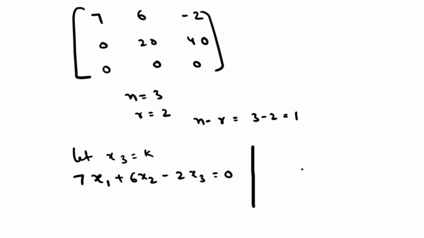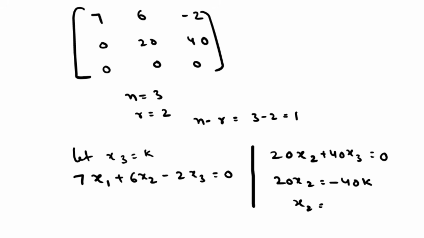The second equation is 20x2 plus 40x3 equals 0. Substituting the value of x3, 20x2 equals minus 40k, so x2 equals minus 2k.